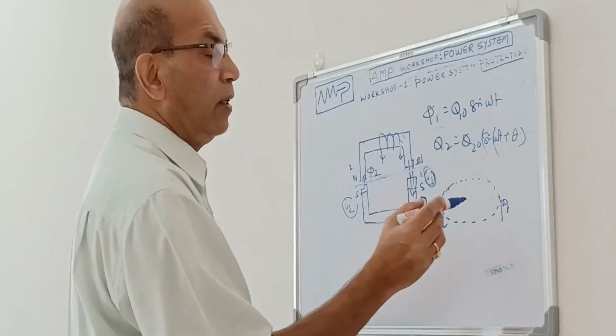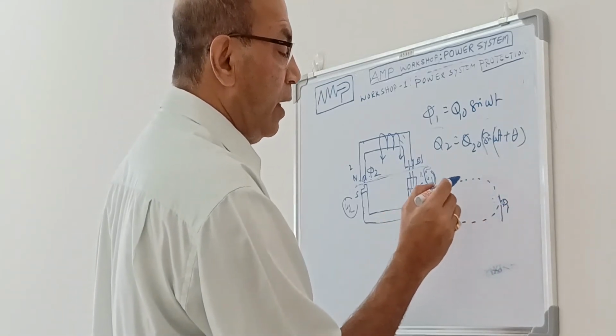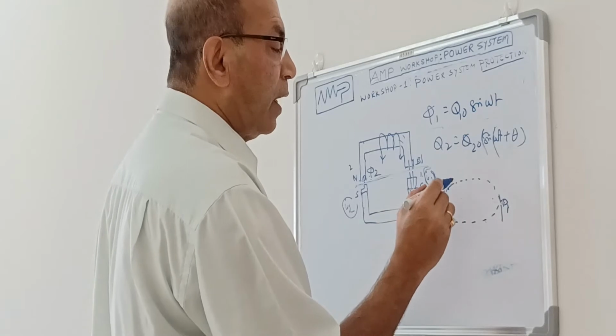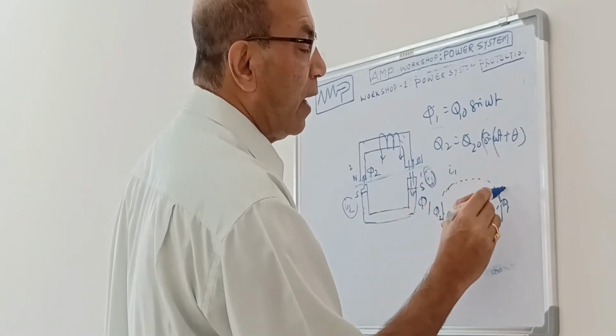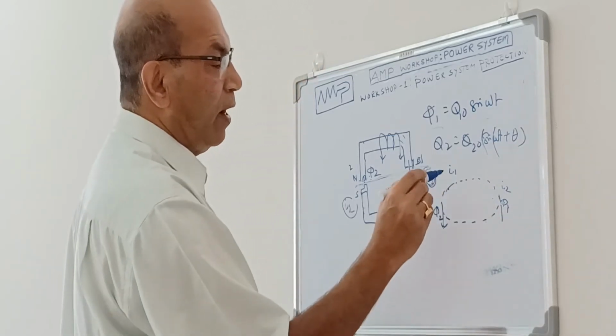Now due to phi1 there will be a current over here; suppose this current is I1, and due to phi2 there is a current in the disc, that is I2.